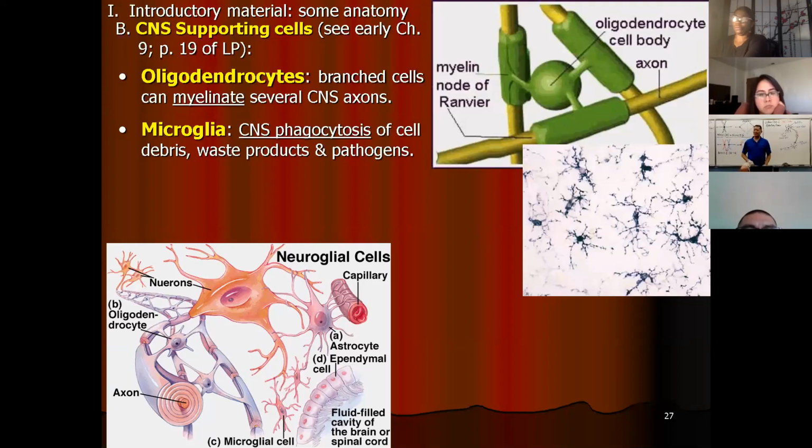Because of the blood-brain barrier, white blood cells cannot get out of the blood vessels into the CNS, so you need phagocytes in the CNS to make up the gap. Whereas white blood cells can go everywhere in your body, they can't go into the CNS because of the blood-brain barrier. So you have phagocytes there that are fixed in the CNS called microglia.